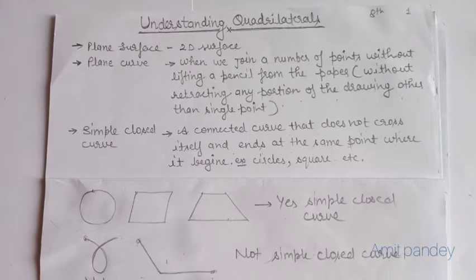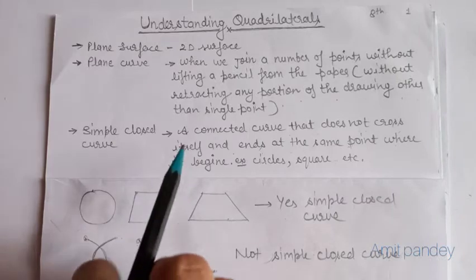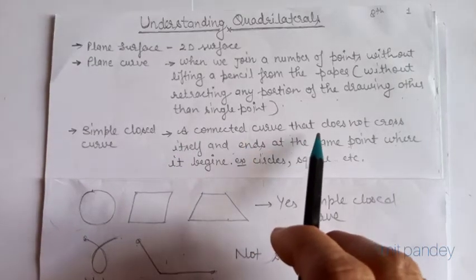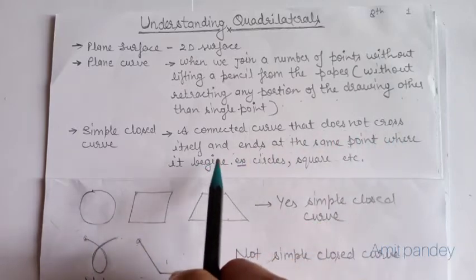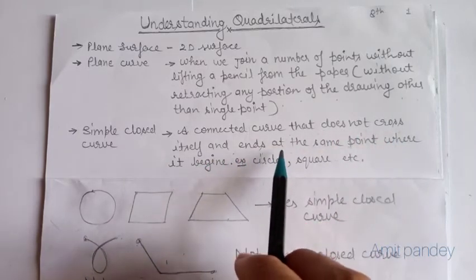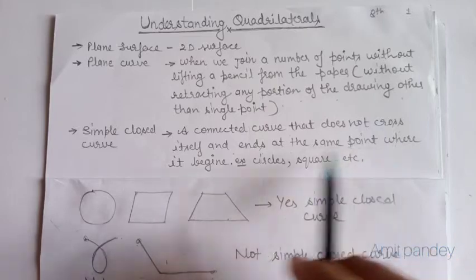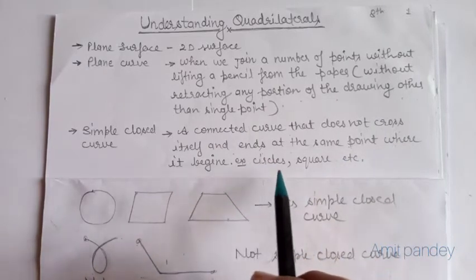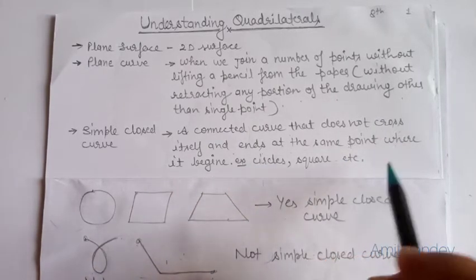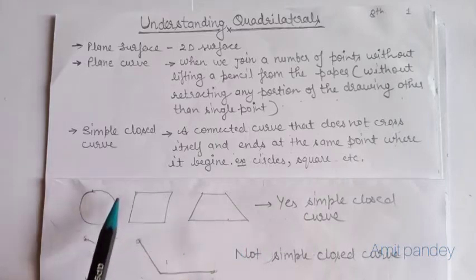Now the second is the simple closed curve. It is a connected curve that does not cross itself and ends at the same point where it begins, for example a circle or a square. The shape should be closed.